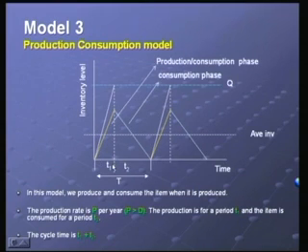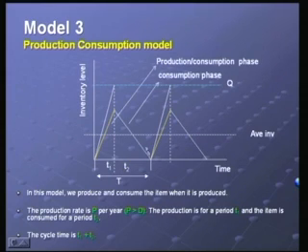After a period T1 production stops and the item is only consumed from the inventory that we have built up. So, from this maximum inventory for the period T2 the inventory is consumed and the inventory becomes 0. We may assume that the production facility is producing some other item during this period T2.